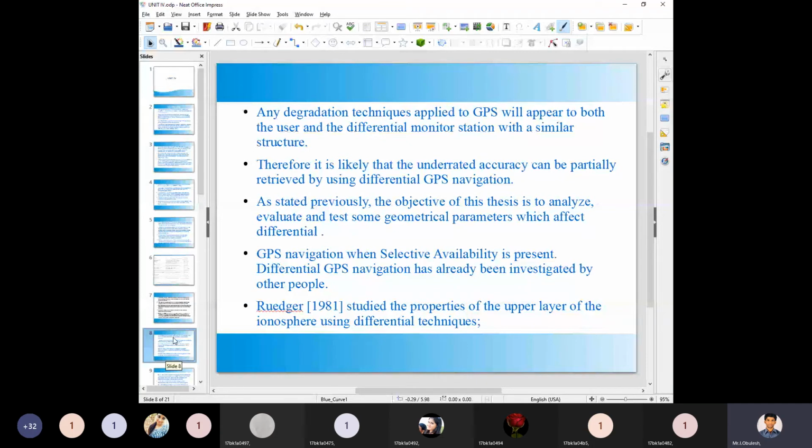If you apply any degradation technique to GPS, it will appear to both the user and the differential monitor station, both receivers, with a similar structure.